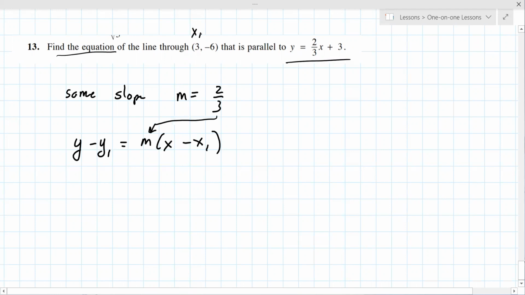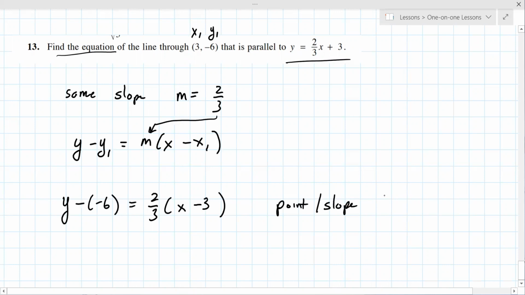This is x1 and this is y1 because they're given. Those points are given. So it's y minus -6 equals 2/3 times x minus 3. And this is in point-slope form. And you're done. There's nothing else to do here.